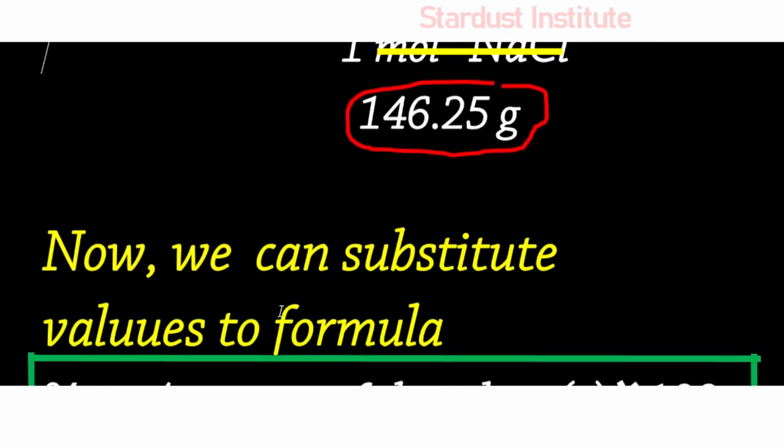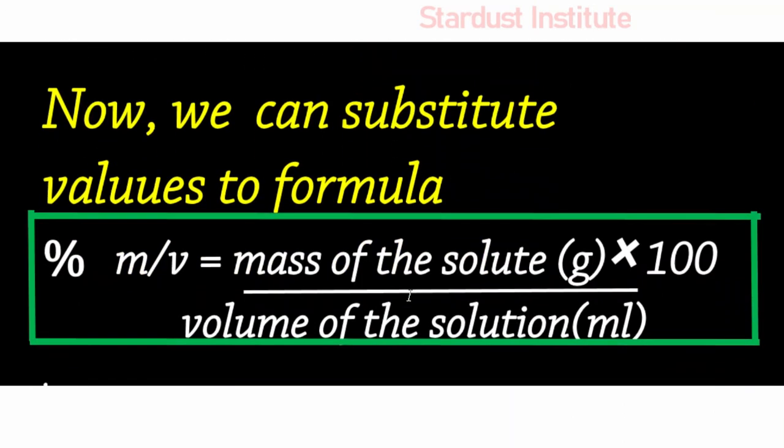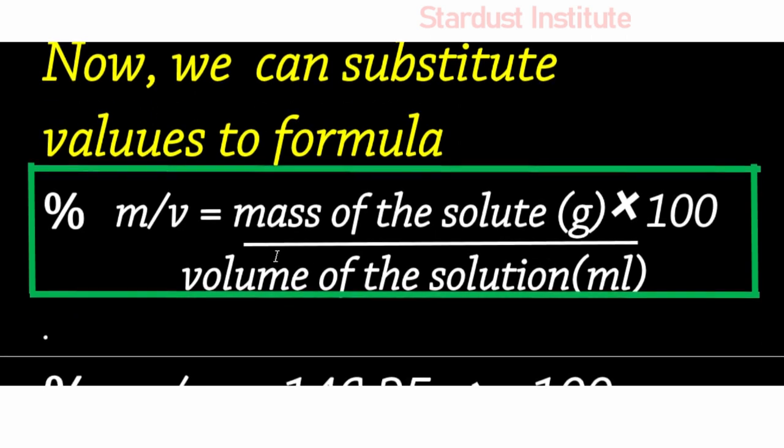Now we can substitute values to formula. I have written the formula here again. Percentage mass by volume equals mass of the solute in grams divided by volume of the solution in milliliters multiplied by 100.